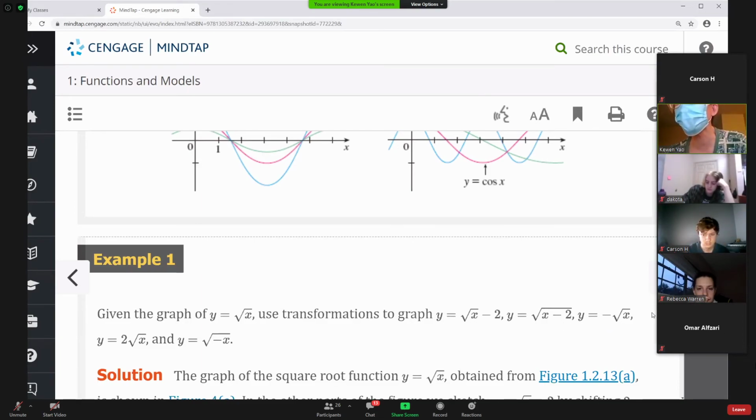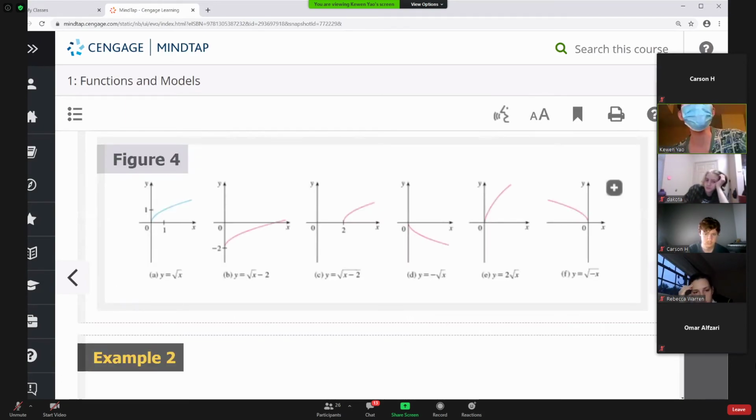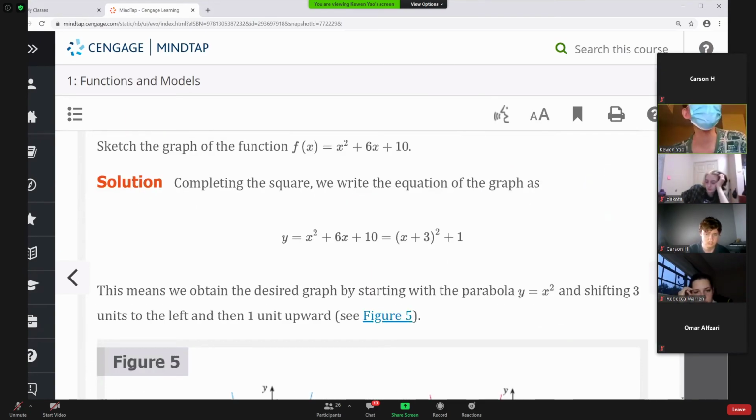This is negative x. You what? Positive becomes negative, right? This is 2 times square root of x. You what? Stretching, right? This is what? x becomes negative x. You shift to the negative part, right? That's easy. This is the picture for how to shift, right? How to shift. Okay, so this section is easy.